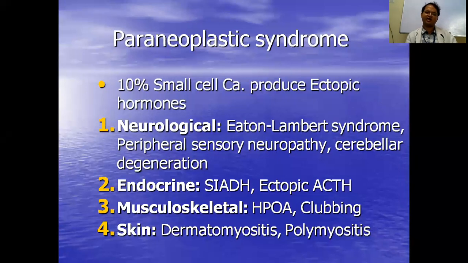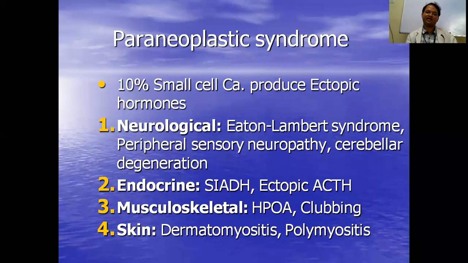Neurologically, this paraneoplastic syndrome causes the Eaton-Lambert syndrome or the Lambert-Eaton syndrome, where in the lower half of the body there will be paraplegia, paresthesia, and peripheral sensory neuropathy and cerebellar degeneration. If the endocrines are affected, that leads to SIADH, syndrome of inappropriate antidiuretic hormone secretion, and ectopic ACTH hormone secretion. If the musculoskeletal system is affected, there will be clubbing and HPOA.